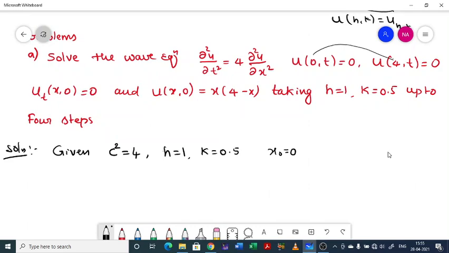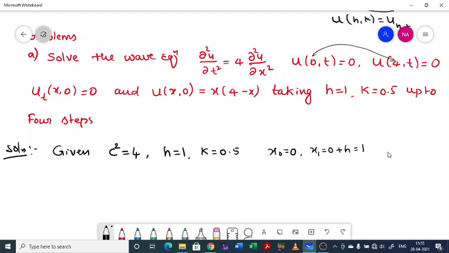these two entries. This will be x naught and this will be xn usually. Now x naught is 0. x should vary between 0 and 4, right? x1 is x naught plus h, so 0 plus h, and h is 1.